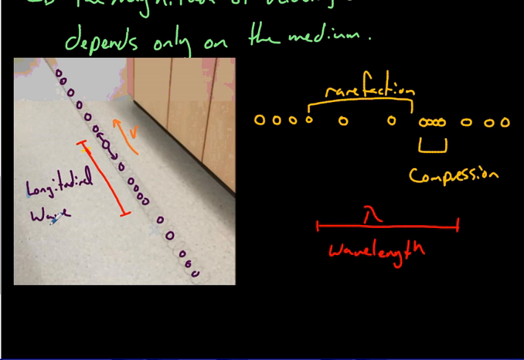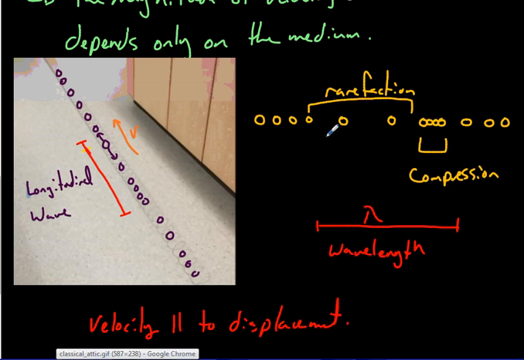So in a longitudinal wave, velocity is parallel to displacement. Amplitude in this case is a little hard to define.